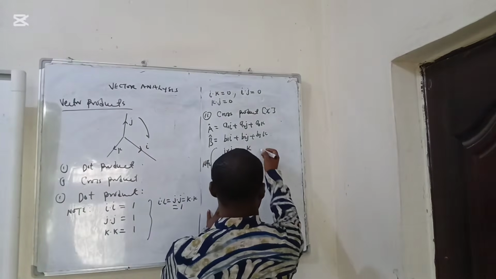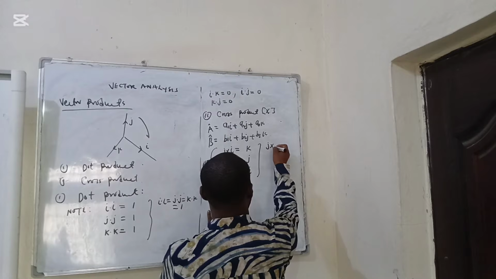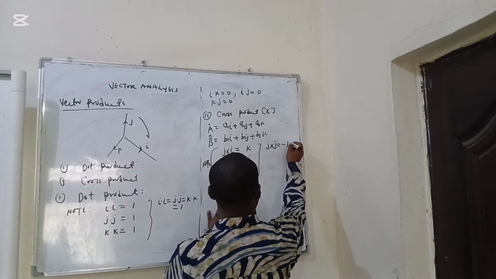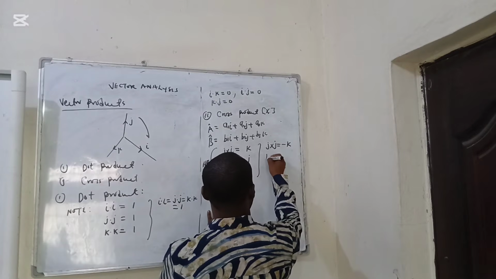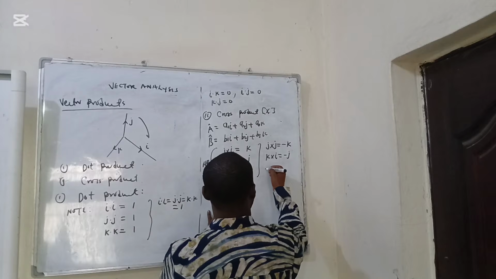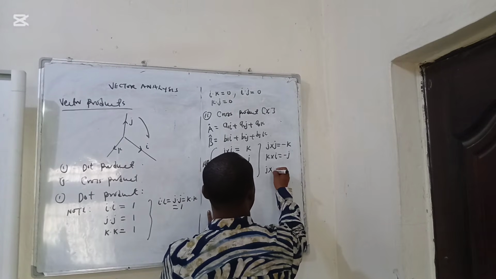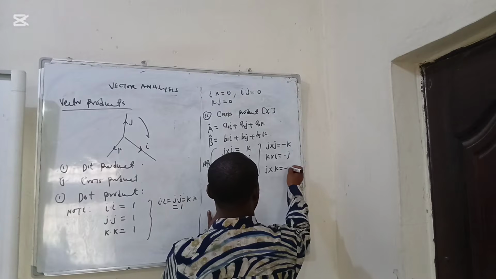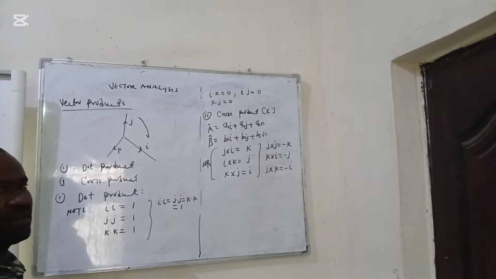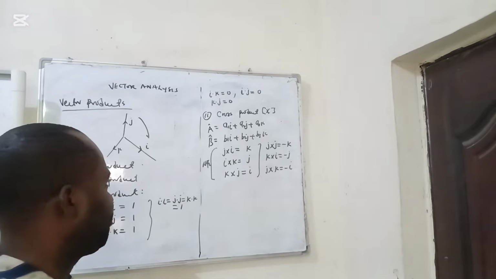But the reverse is the case: if actually it is j cross i, you have minus k, and i cross k is minus j, and also finally k cross j is minus i. So please, we have to be very careful of the coordinates that we are dealing with.